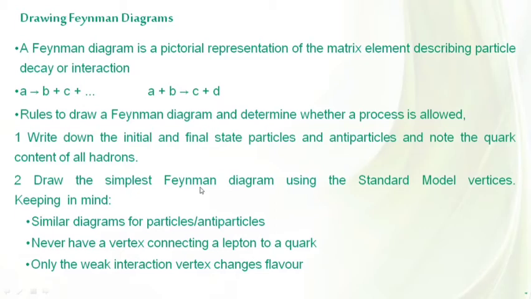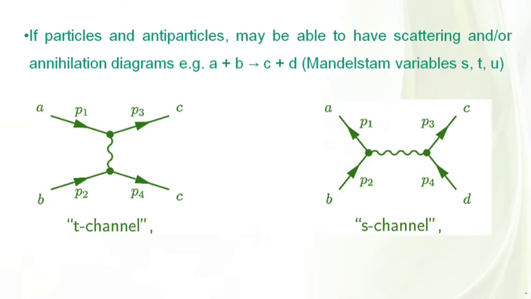The particles and antiparticles may have scattering or annihilation diagrams. And the T channel and the Mandelstam variables are used. In the S channel, A and B annihilate and produce a gamma ray photon, and they create C particles.